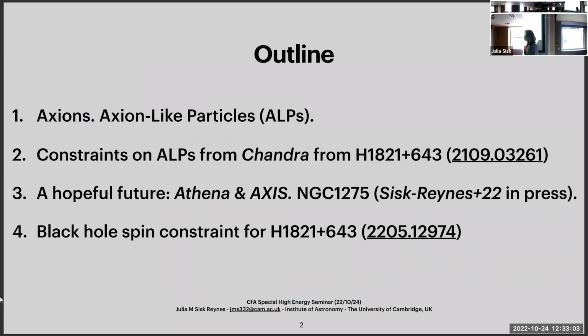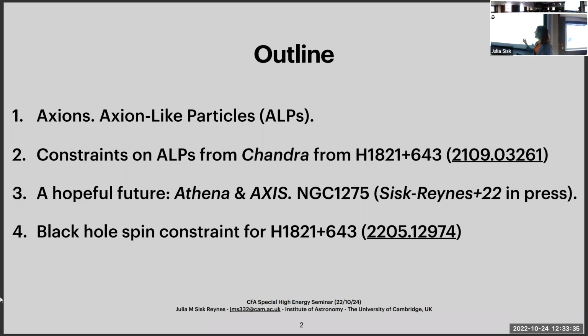For my talk, I'll firstly be talking about axions and axion-like particles, and why they are important in the theory. Then I'll mostly focus on presenting the tightest constraints to date that we found for very low mass axion-like particles from a Chandra observation of a very luminous radio-quiet quasar, H1821+643. Then I'll talk about what we hope to achieve in the near future with the next generation X-ray observatories.